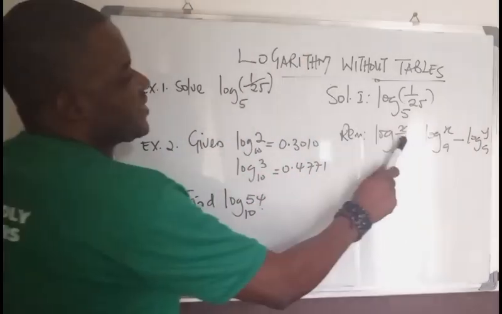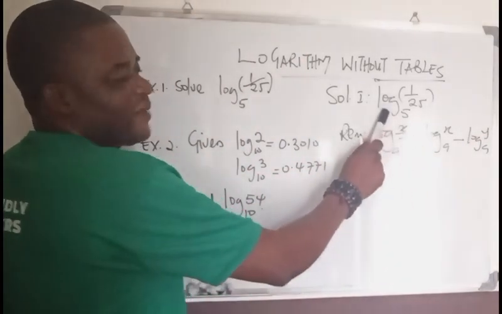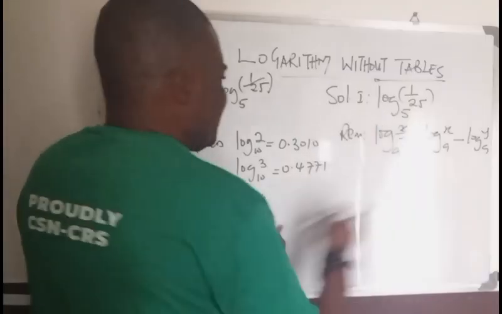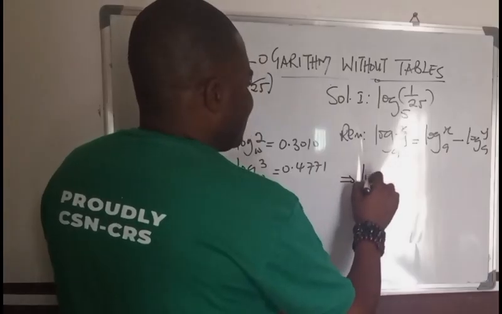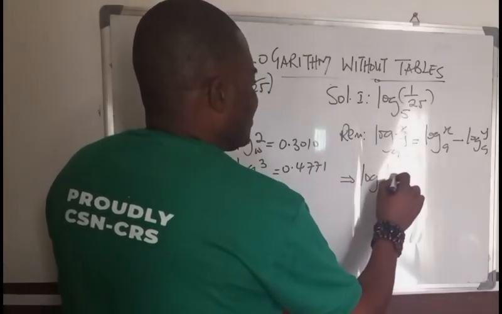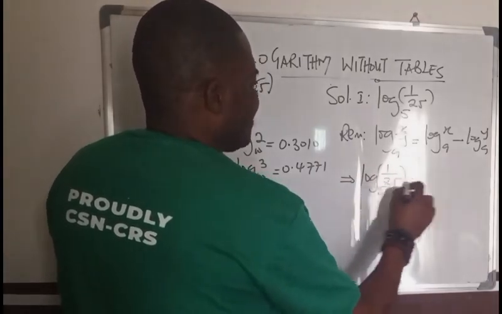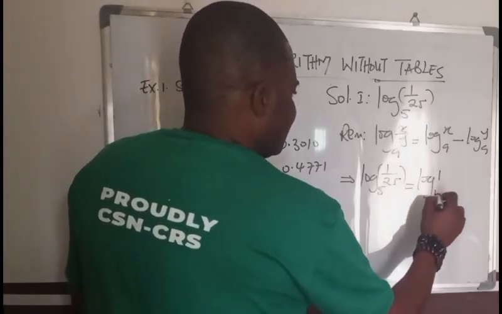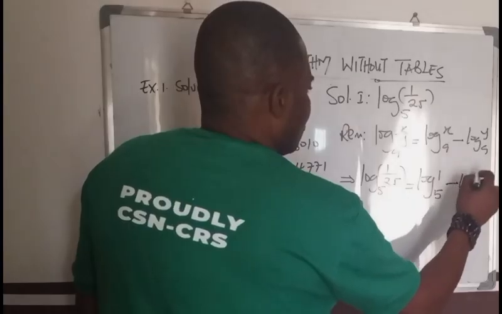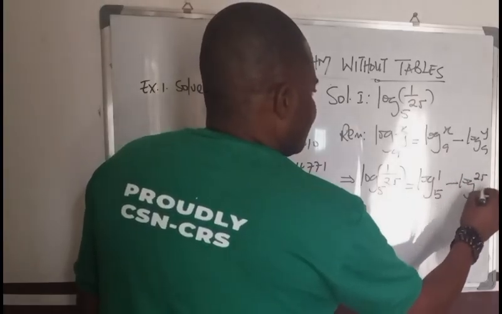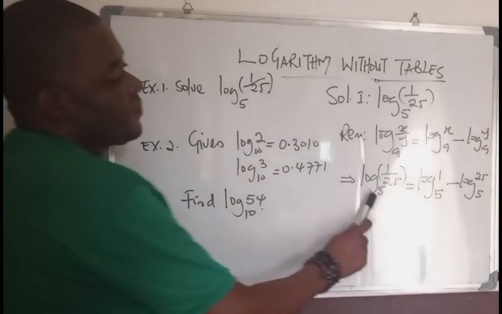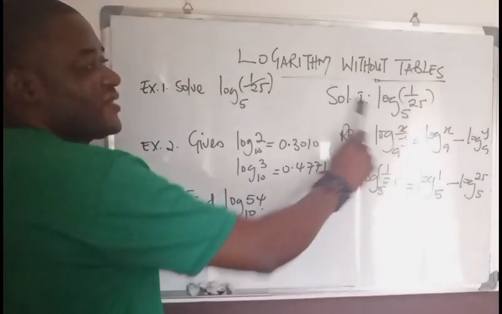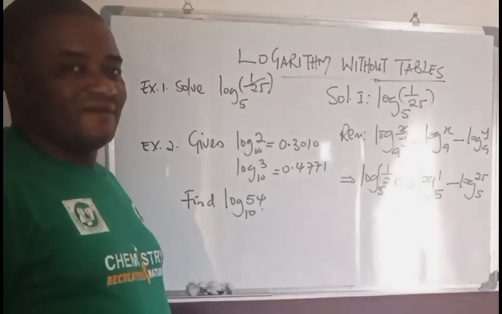We are going to do the same thing we have done here for this particular logarithm equation. So this implies that the log of 1 over 25 base 5 will be written as the log of 1 base 5 minus the log of 25 base 5. Now this is a typical introduction of the second law of logarithm into this equation. We must understand that, which is the quotient law.